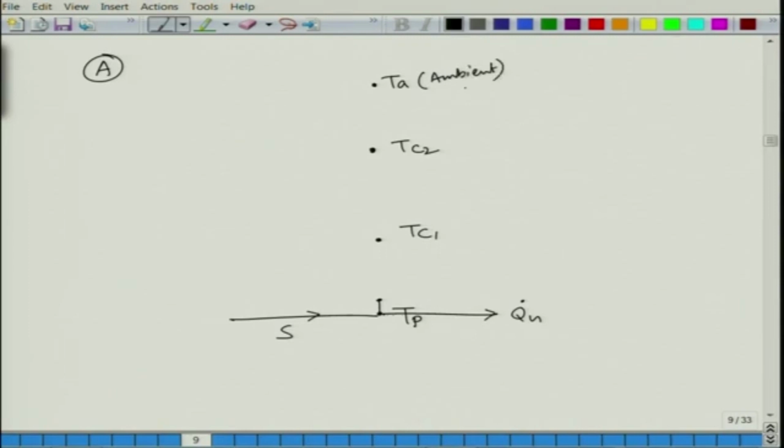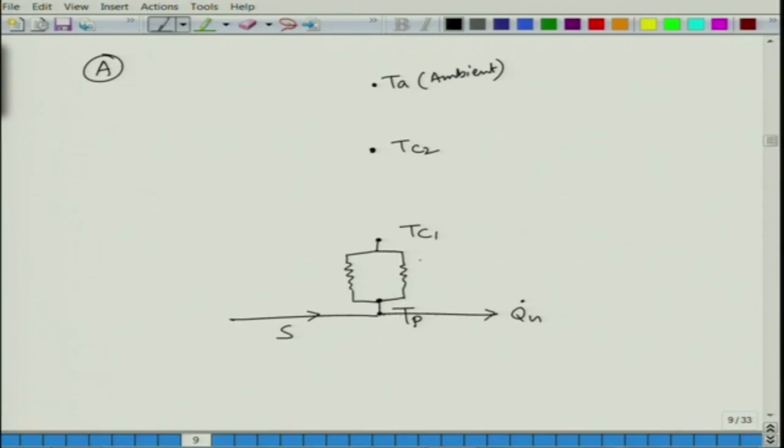Now, there will be two possible ways: one will be convection resistance and another will be radiation resistance. So, we can draw a parallel circuit between these two.